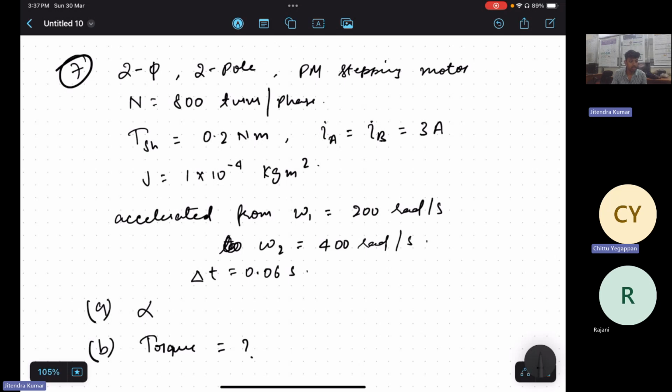Angular acceleration is 3333.33 radian per second square.